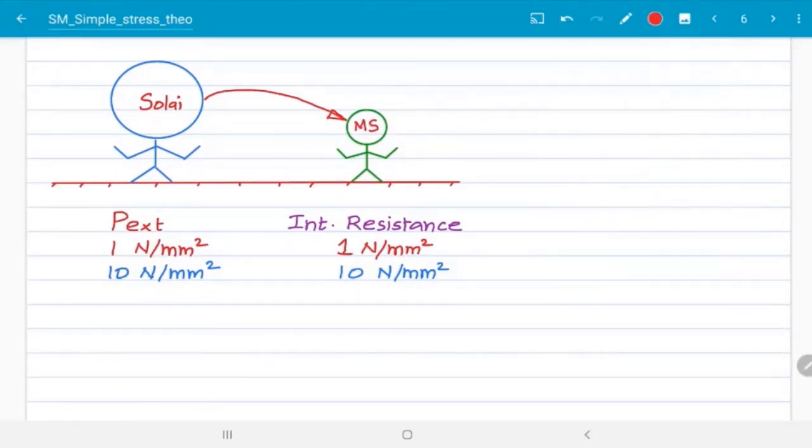Now we are going to increase the load. Let us say 150 megapascal. The resistance will again be 150. Again, I'm going to increase the load. 300 megapascal. The resistance will be 300.